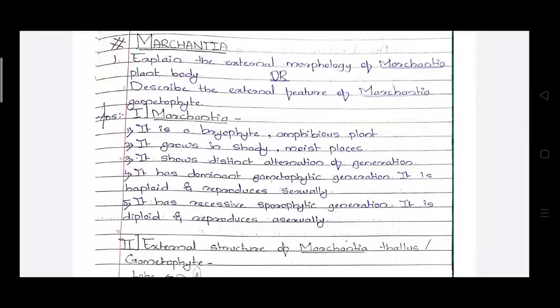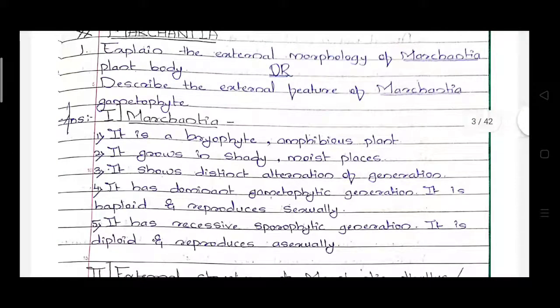The sporophytic generation is recessive, it is the diploid stage, and it produces asexually. The gametophytic generation is dominant and the sporophytic generation is recessive.